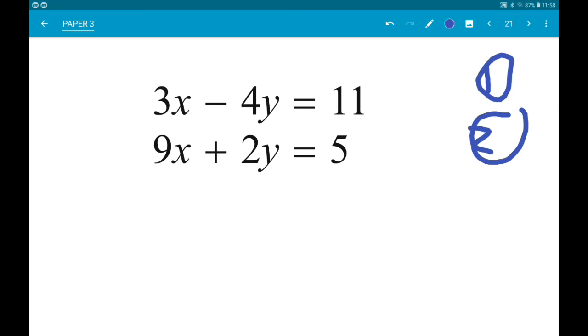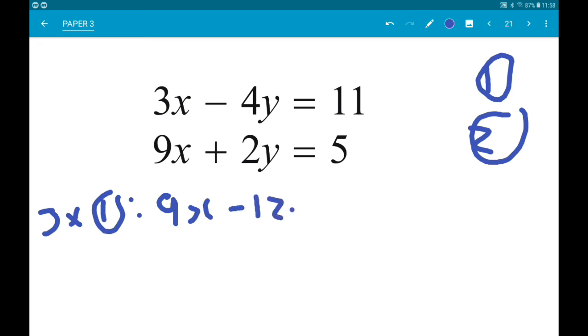So if we do 3 times equation 1, we get 9x minus 12y is equal to 33. Now let's call that equation 3.